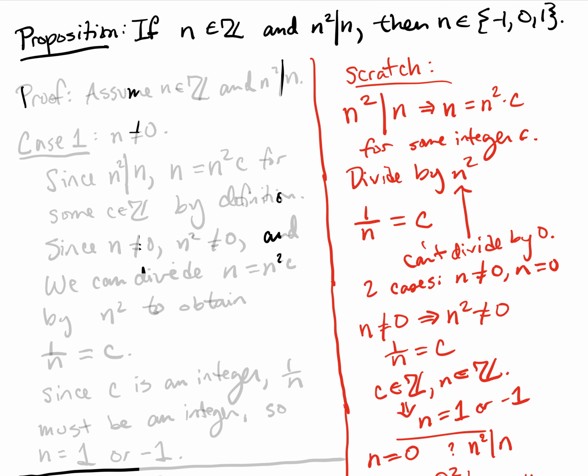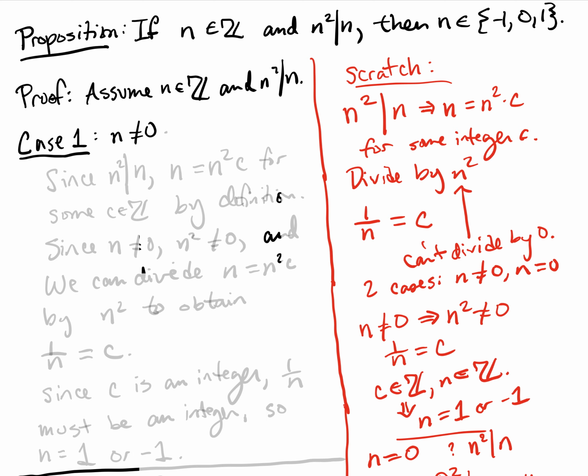Proof. We first start by assuming that the hypothesis is true. We assume that n is an integer and n squared divides n. That will be true in each case. Now we can break this down into cases: n is equal to 0 and n is not equal to 0. Case 1 is n is not equal to 0.